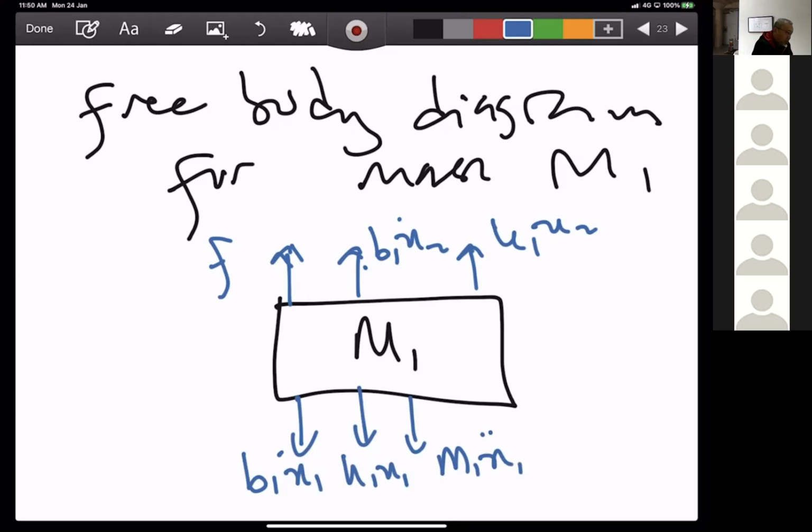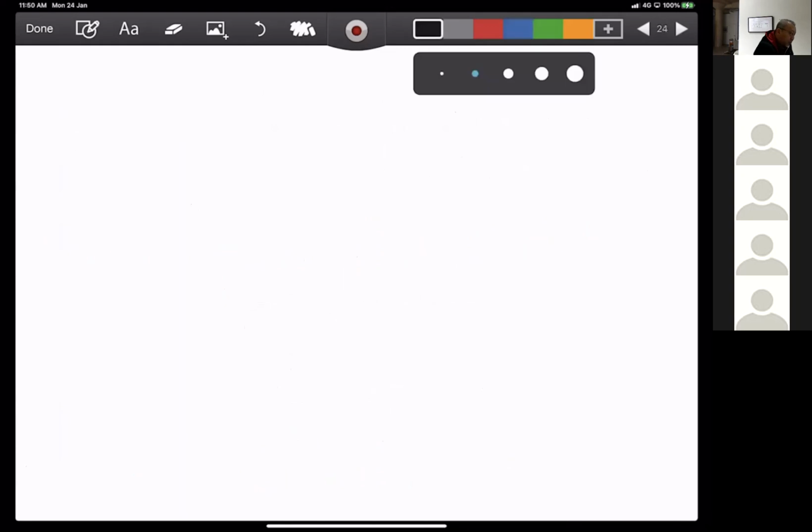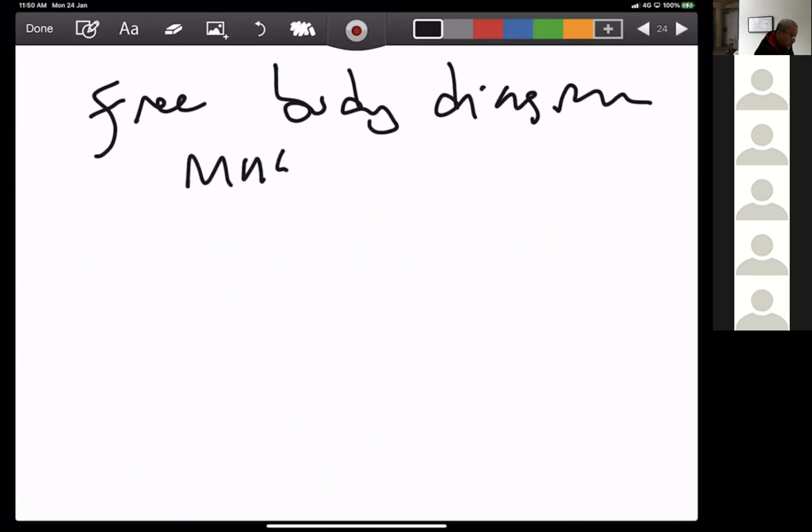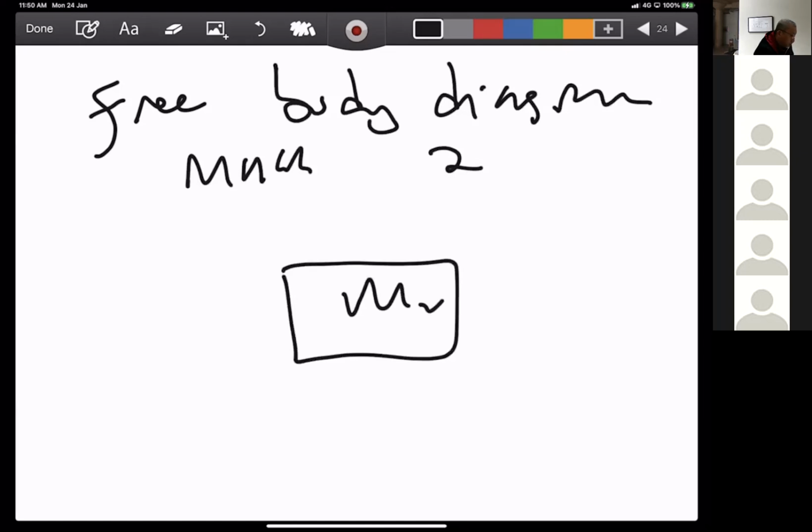And for the free body diagram, mass 2, okay, M2. So we have 2, X1 dot, and K1, X1.